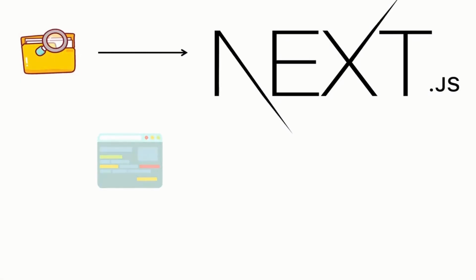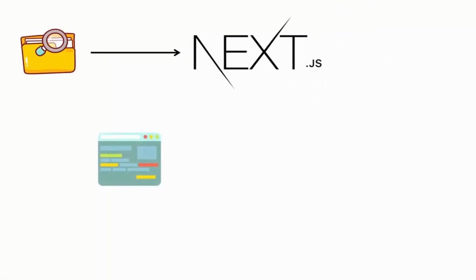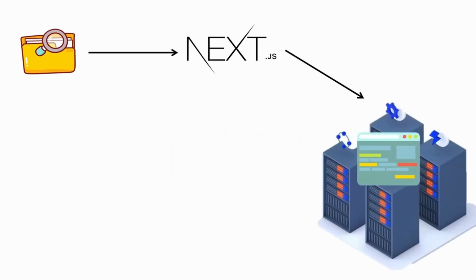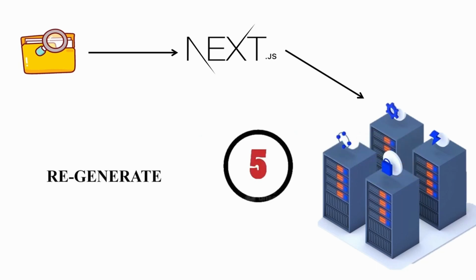First, the source code should be built in the Next app, and the developed static pages should be deployed in the server. After deploying the static pages in the server, the developer will provide a certain condition.